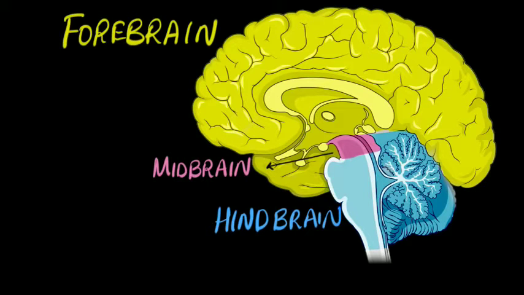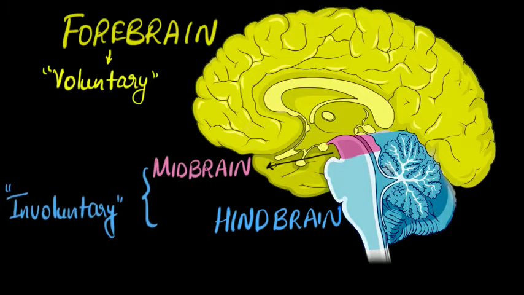Okay, now before moving on, first we will see the major functions performed by these parts. Number one, the forebrain. Voluntary action is controlled by the forebrain, while the midbrain and hindbrain handle involuntary action. What is voluntary? Actions we perform with consciousness, such as thinking, walking, jumping.